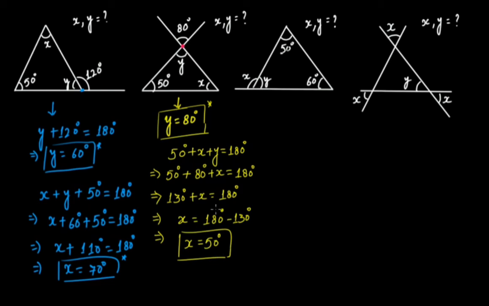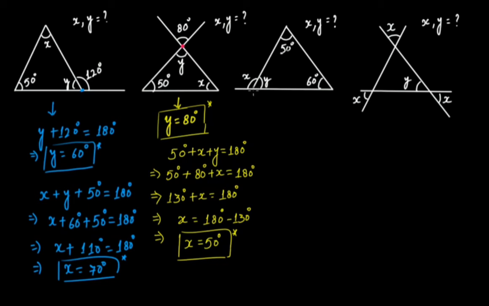Okay, so we have two values, of Y and of X. In this case, if you look at this figure, then we have X as an exterior angle and Y is the adjacent interior angle of the X. So how to proceed?